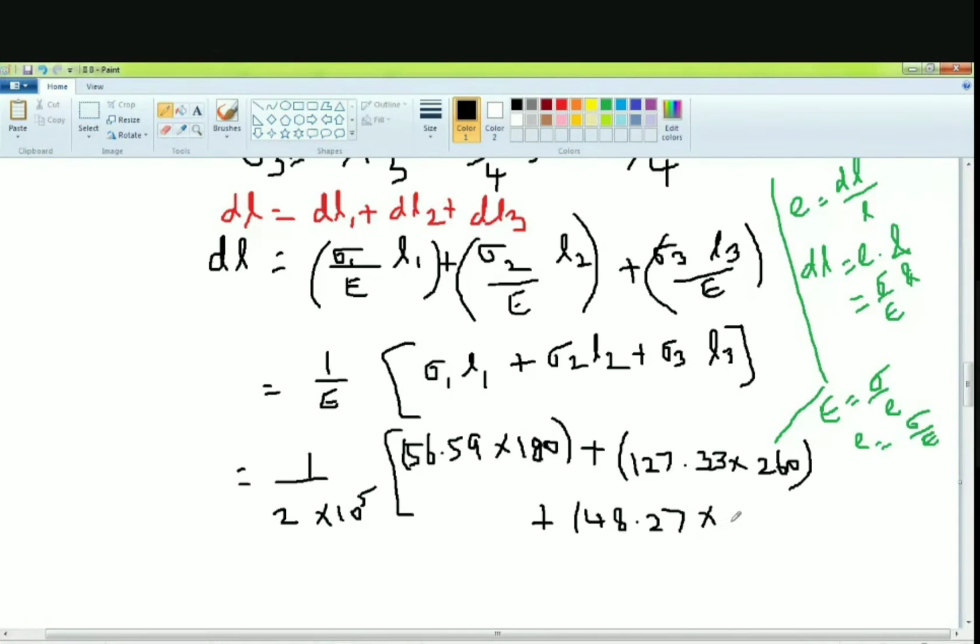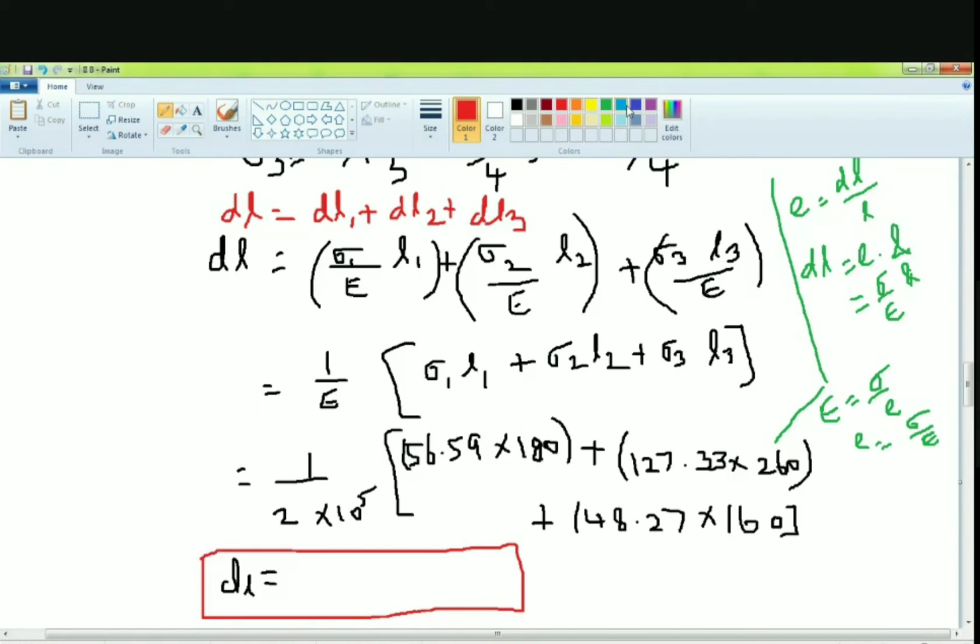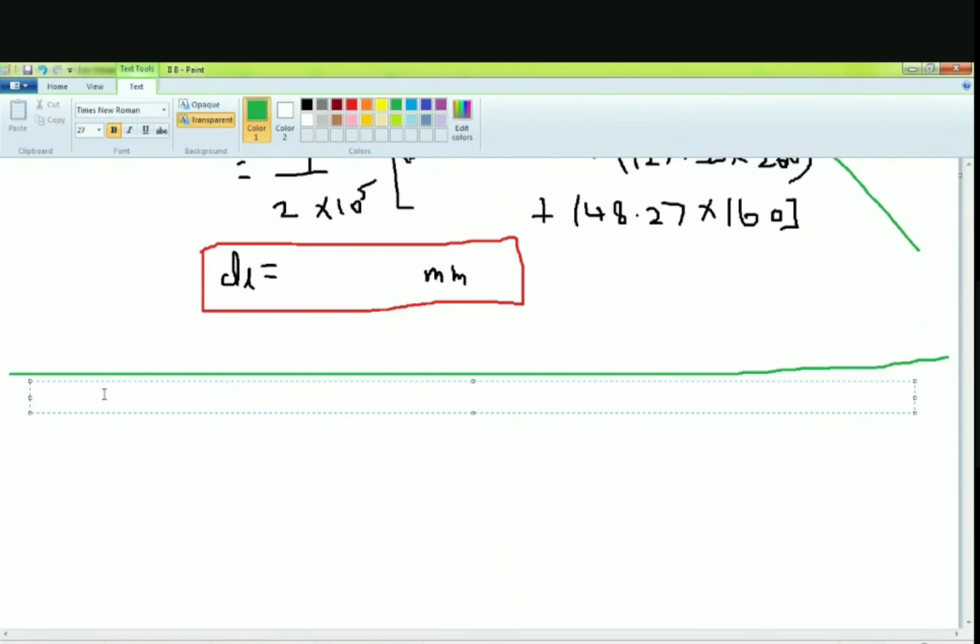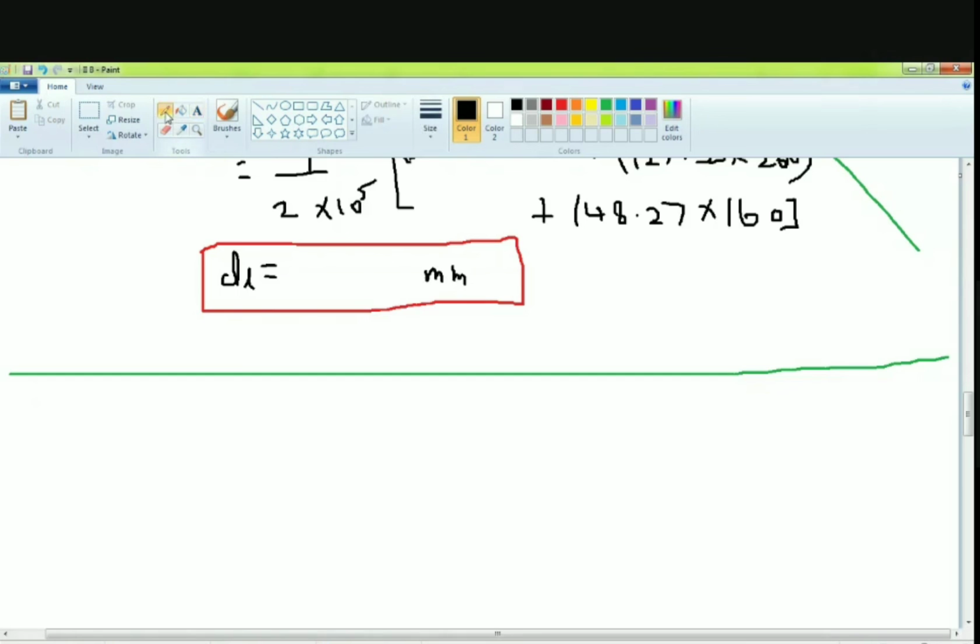How much? 160. That's all. So now tell the total DL value. How much? 0.2555 mm. Yeah, correct.